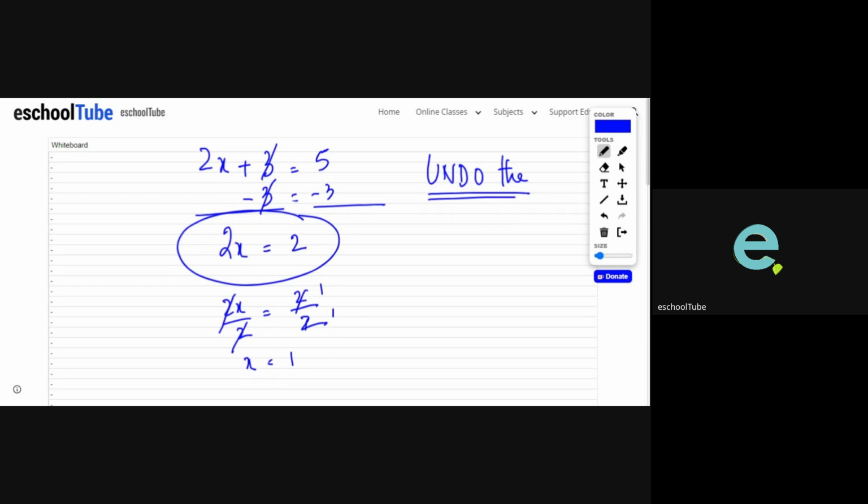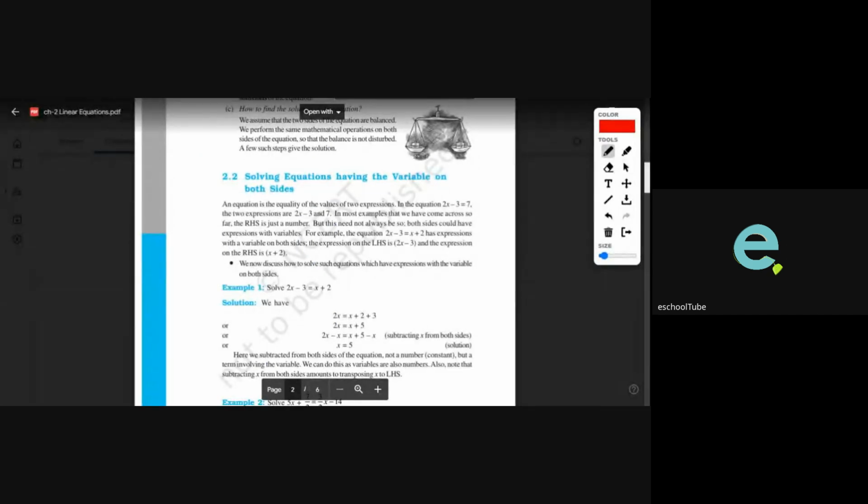Now in this chapter, we will be solving equations having variable on both sides. यानी कि लेफ्ट हैंड साइड में भी वेरिएबल होगा और राइट हैंड साइड में भी होगा. So for example, if I write 2x is equal to x plus 2 plus 3.